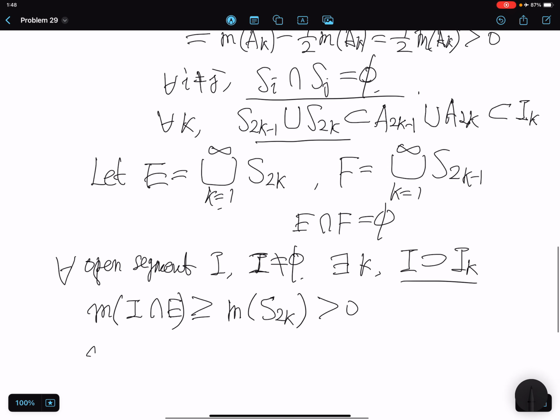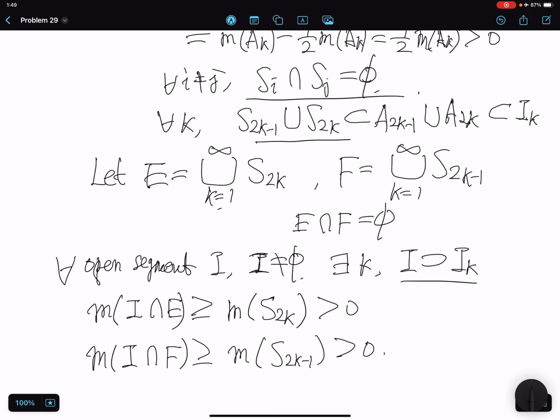And also at the same time, for this I intersect F, same thing, it is greater than or equal to, since I contains I sub k, so it must contain S sub 2k minus 1, right? This is also greater than 0.